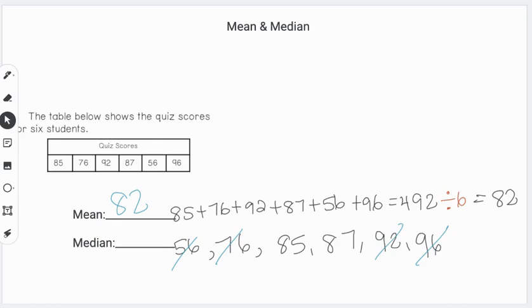So if you were left with 2 numbers in the middle, you're going to add those 2 numbers up. So I'm going to say 85 plus 87, and then I divide my answer by 2 because I want to know what's between 85 and 87, which means that the median would be 86.